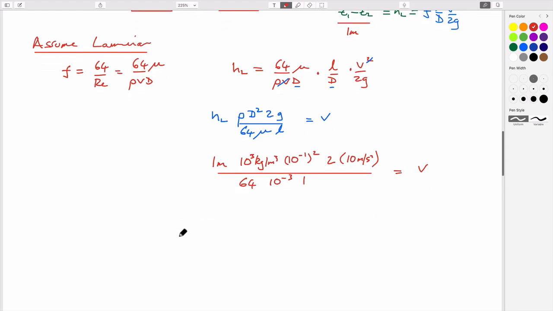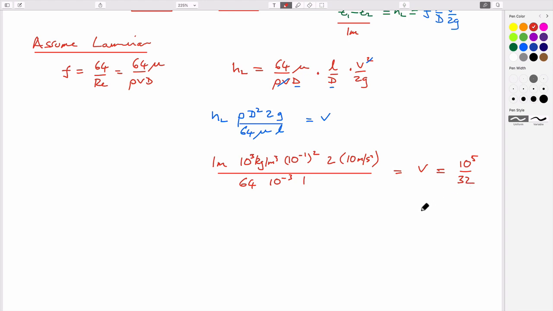And the order of magnitude of this is something like, this is 10 to the minus 2, this is 10 to the 3, so 10 to the minus 2 and 10 to the 3 are 10 to the 1, right? Times 10 to the 2 divided by 10 to the 3 is 10 to the 5, something like 10 to the 5 divided by 2 over 64 divided by 30, 32.